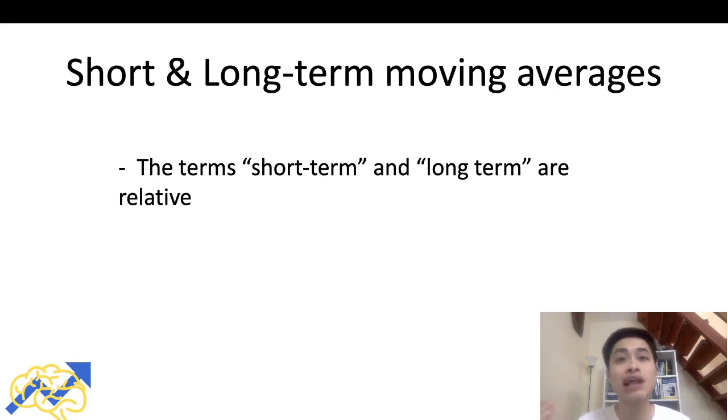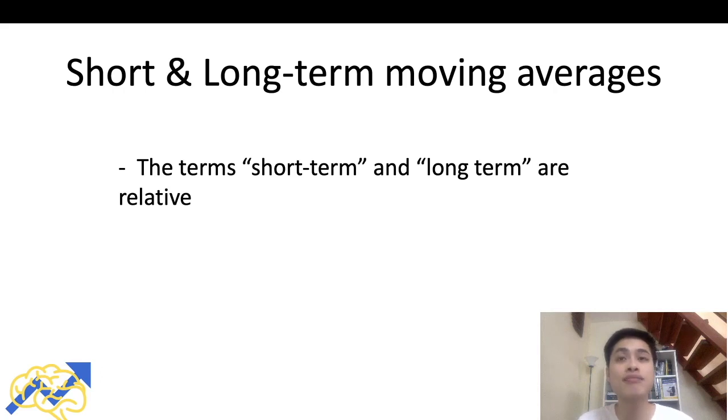The terms longer-term moving average and shorter-term moving average are all relative in nature. Let me explain. A short-term trader may consider a 10-day moving average a longer-term moving average because he or she is using a 5 and 10-day moving average. When using these 2 moving averages, the short-term trader will consider the 10-day moving average as a longer term moving average.